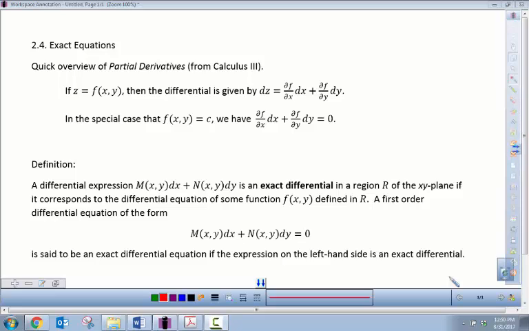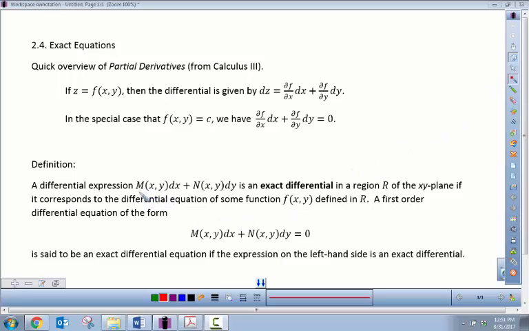To begin this section, we probably should take a look at partial derivatives. Now, I know we're not going to do any partial differential equations, but the idea of partial derivatives comes in a little bit handy here. And also, by the way, sometimes you might see your differential equations look like this.